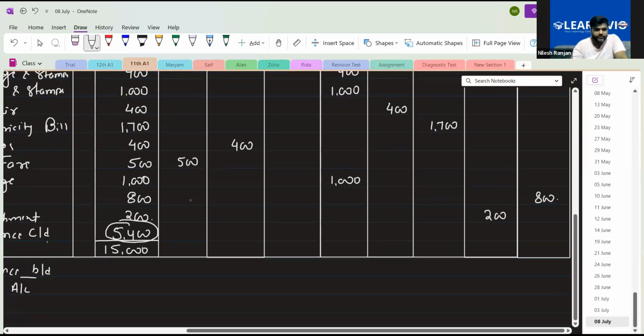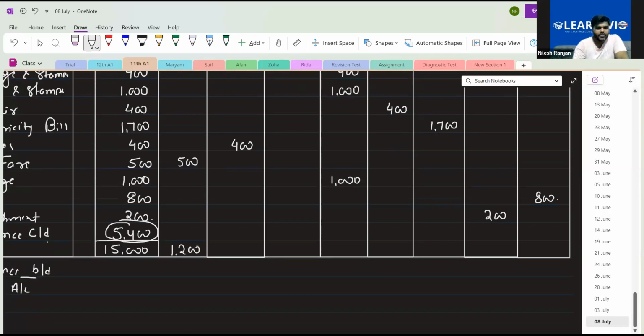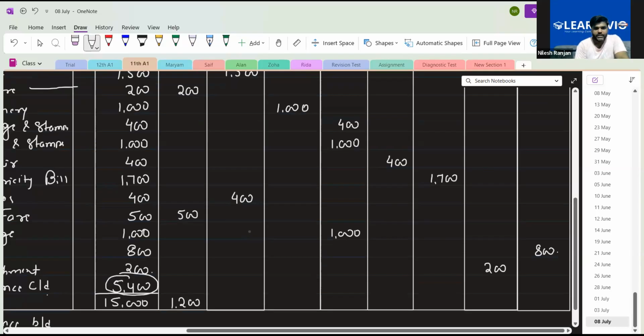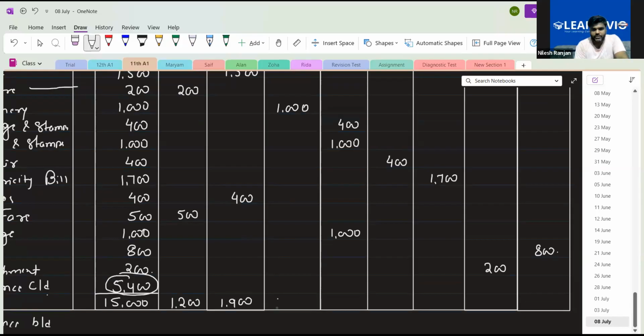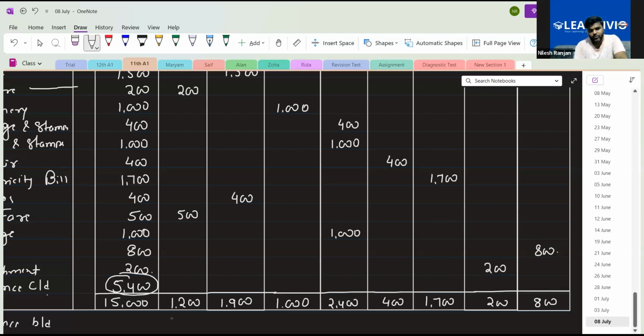So 5 to 7, 5, 12, 100, 1200, 15, 4, 1900, 1000, 2400, 400, 1700, 200, 800. This is the total of each column.